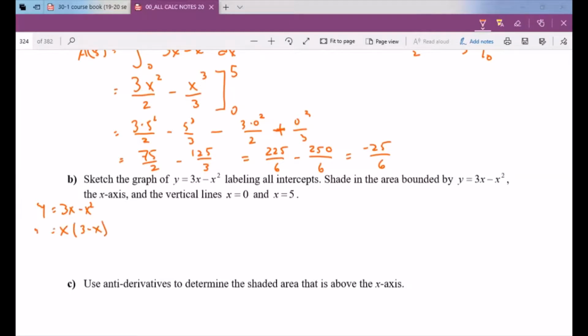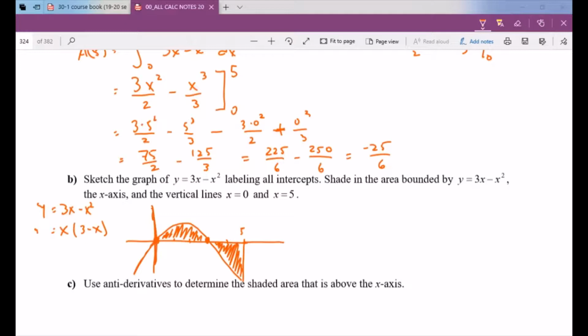This ends up being a parabola that has x-intercepts at 0 and at 3. It opens down. And if this is 5 here and this is 0 here, then this parabola from 0 to 5 is the area whose sum we found.